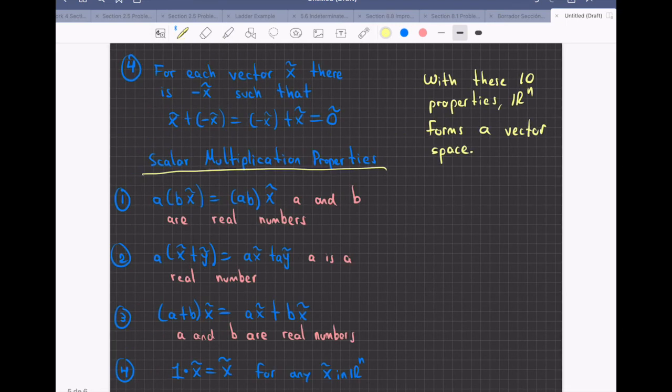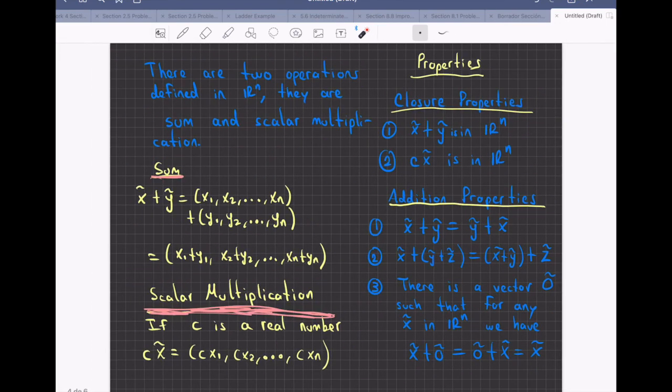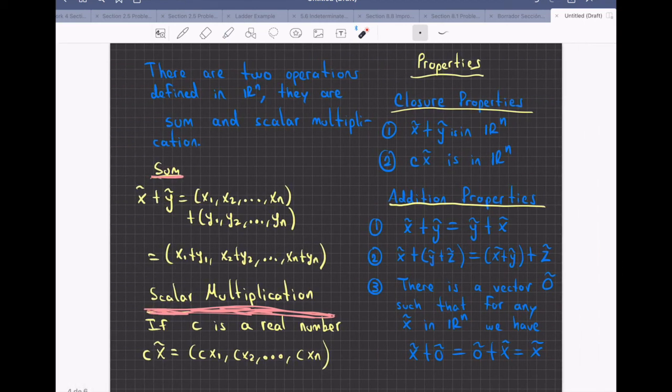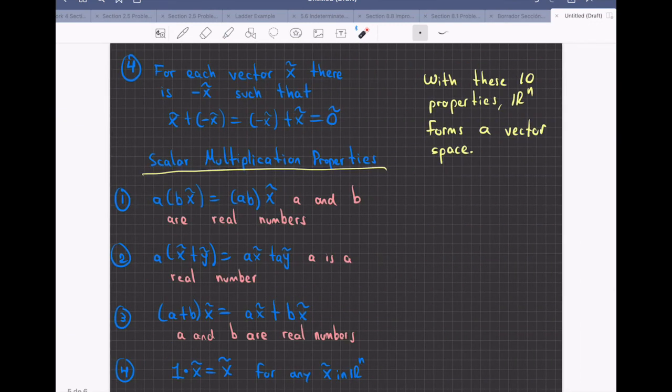We start with Rn, and we know that in Rn, we have two operations. And the operations satisfy these properties. So anything that you can prove based on these 10 properties, you can consider as a true result.